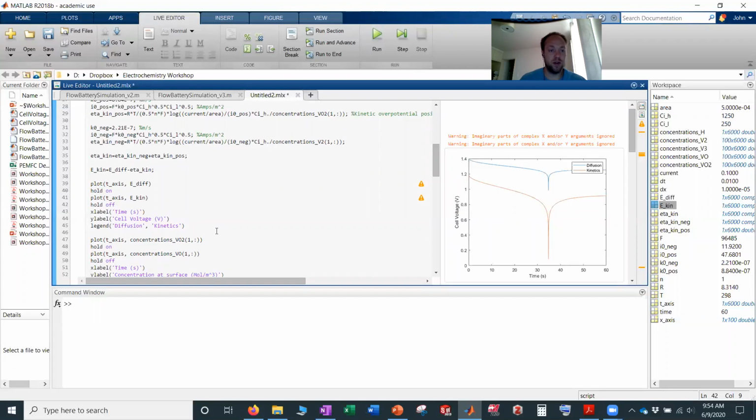So the next thing we want to do is the other losses, the IR losses. So do eta, well, we should say R is like 0.6, let's say. This is in ohms centimeters squared, so this is area specific resistance.